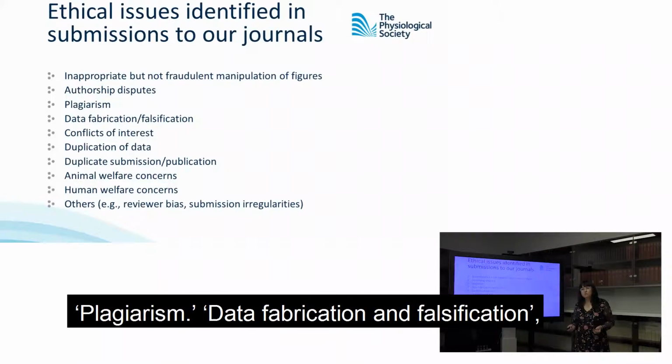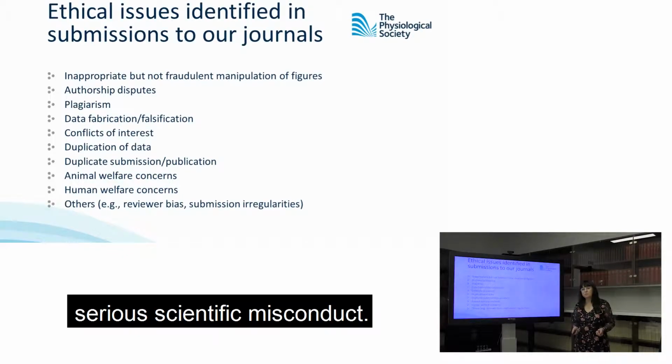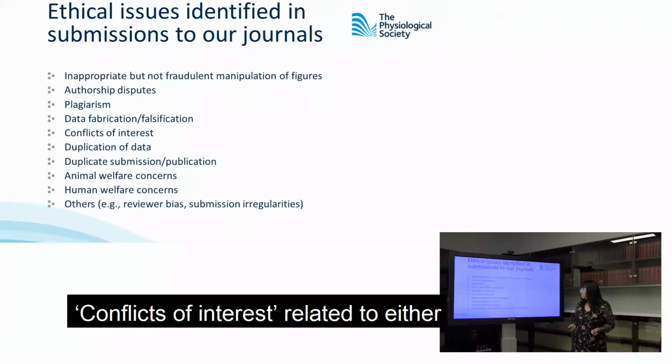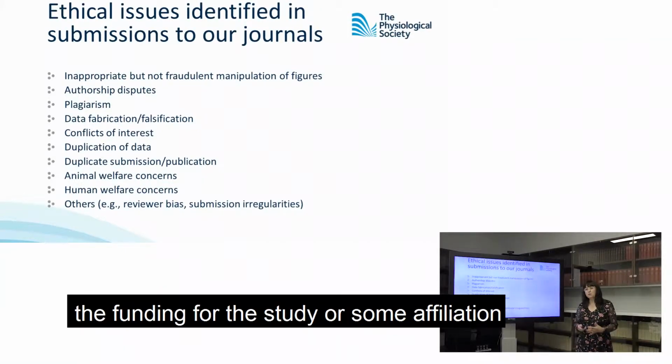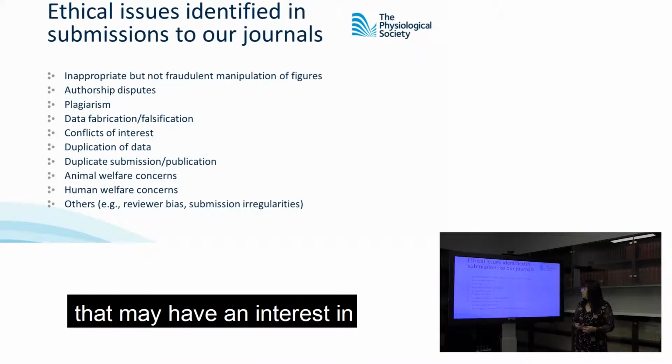Data fabrication and falsification, which of course is very serious scientific misconduct. Conflicts of interest related to either the funding for the study or some affiliation that authors may have with, for example, a company that may have an interest in the outcome of the work.